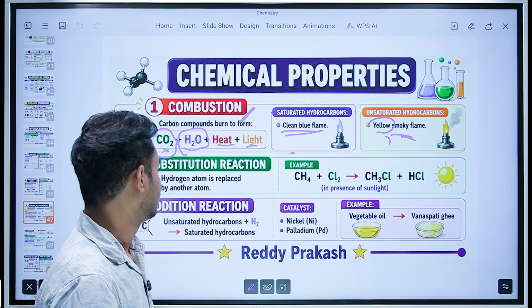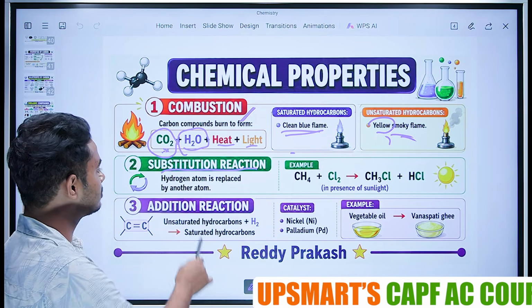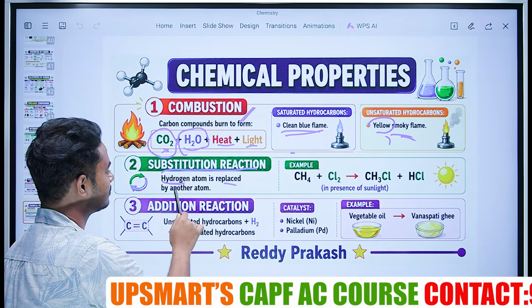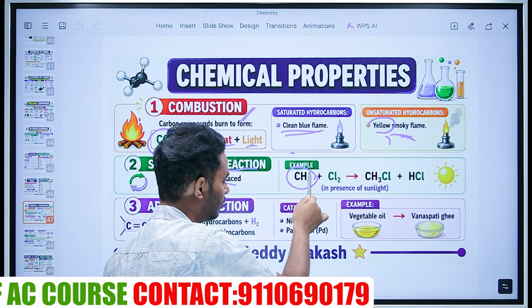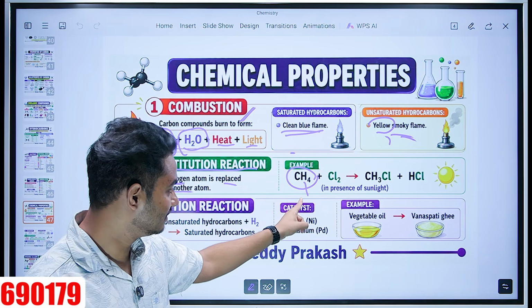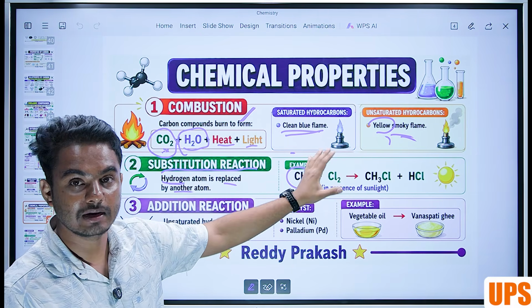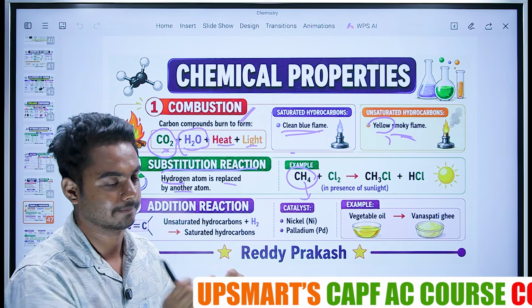Okay. Next is substitution reaction. Substitution reaction means a hydrogen atom in the hydrocarbon is replaced with another atom. Now see, this is a hydrocarbon, CH4, only carbon and hydrogen are present. If a hydrogen atom is replaced by any other atom, it is called substitution.